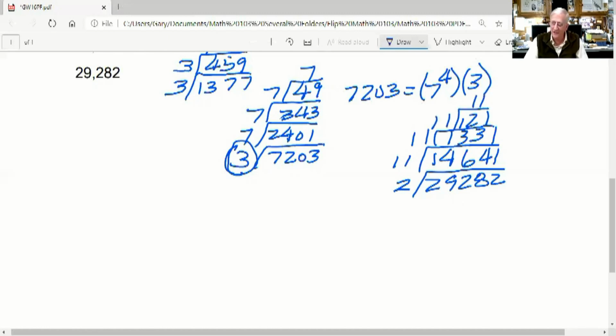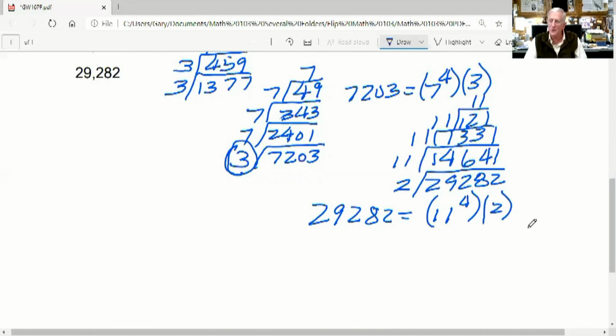So our prime factorization here for 29,282 is 11 to the 4th power times 2. So let's see. The single digit we're looking for here is the 2. So the prime factorization of the number I'm going to try to convert appears it's going to be what? It's going to be 2 times 3.